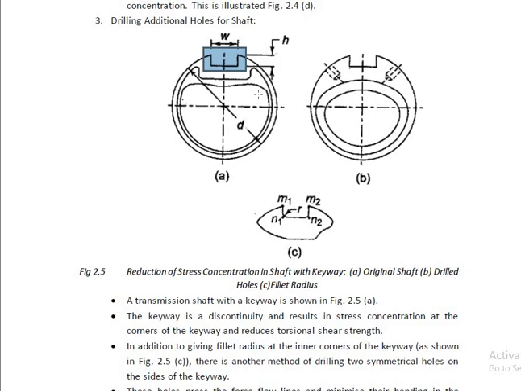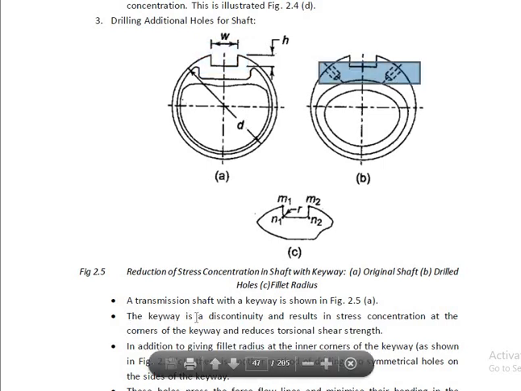Due to the presence of this keyway on the shaft, there is a possibility of stress concentration. This is the original shaft with the keyway. To reduce the stress concentration in this vicinity, we can drill additional holes on the shaft.